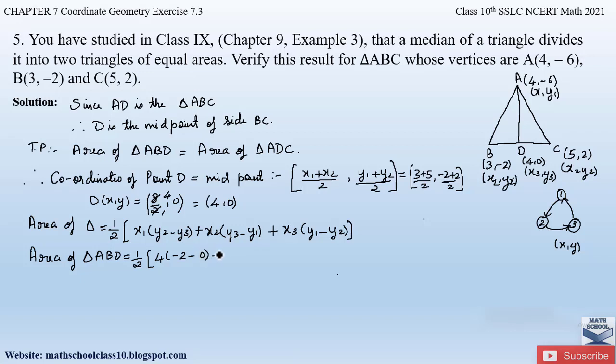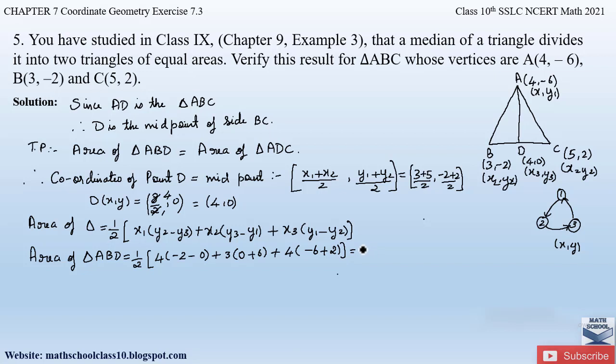is 0, plus x2 is 3 into y3 is 0 minus y1 is minus 6, so minus and minus will become plus 6, plus x3 is 4 into y1 is minus 6 minus of y2 is minus 2, so minus and minus will become plus 2.